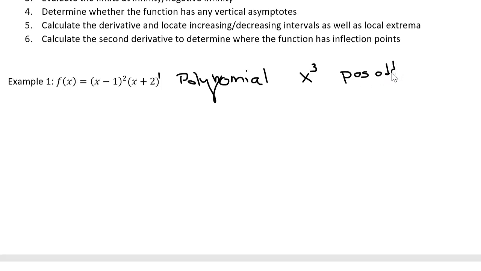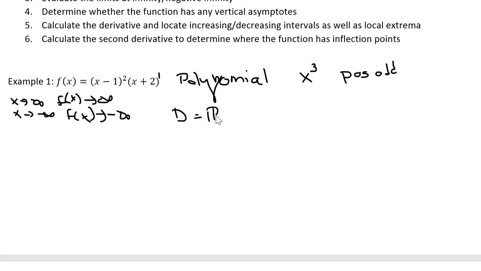That means the overall behavior of this function is that as x approaches infinity, so does f of x, and as x approaches negative infinity, so does f of x. I also have an unrestricted domain when I'm talking about a cubic function. So the domain is equal to all real numbers.